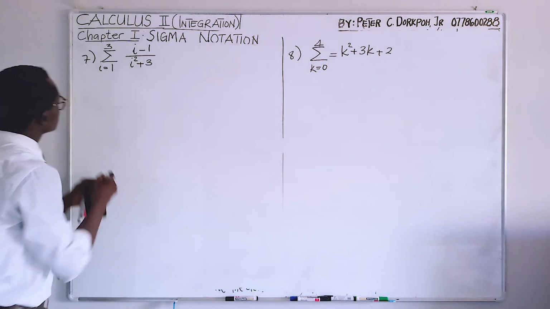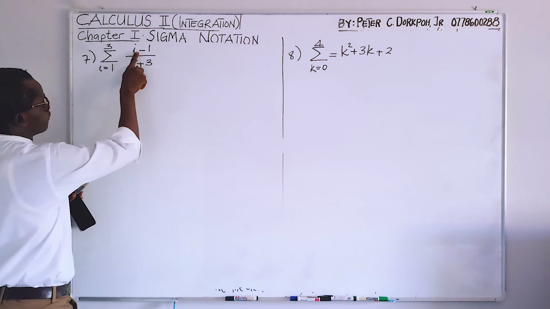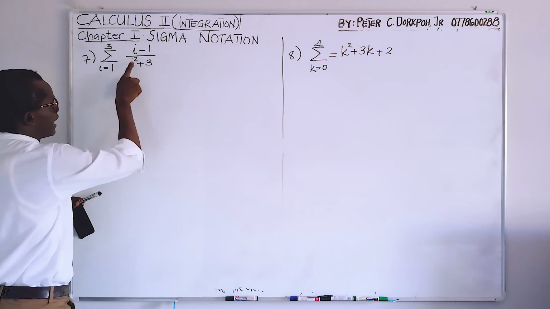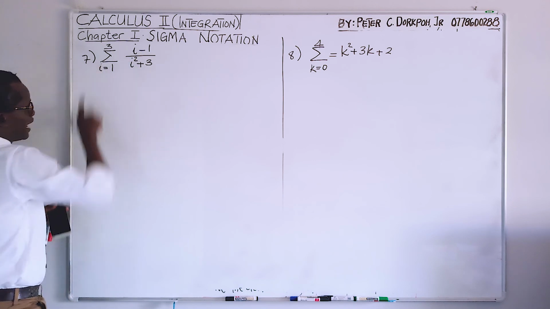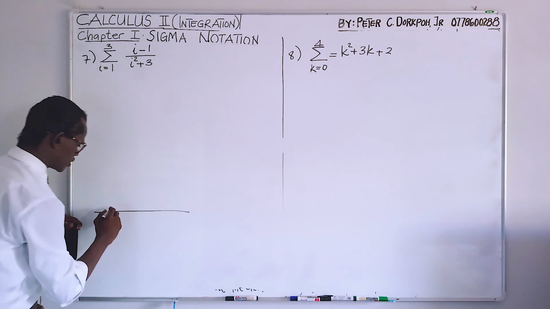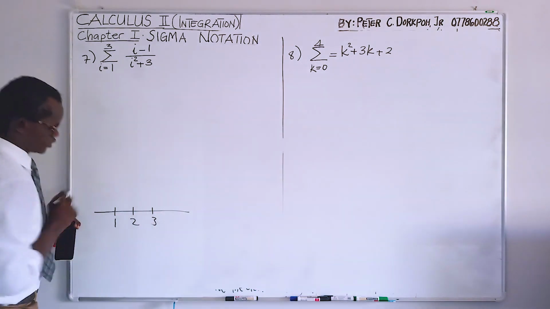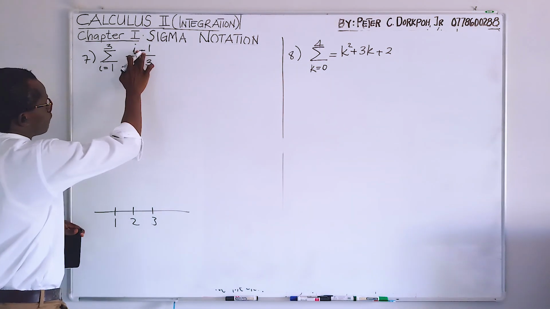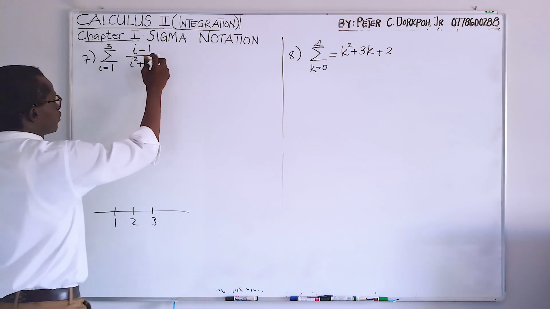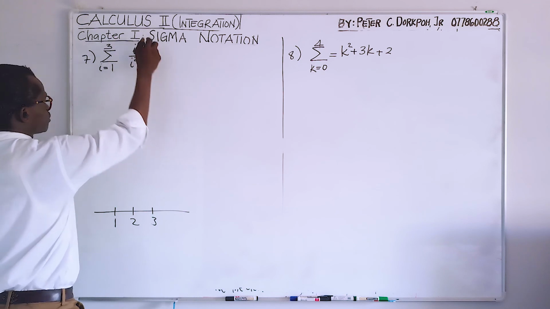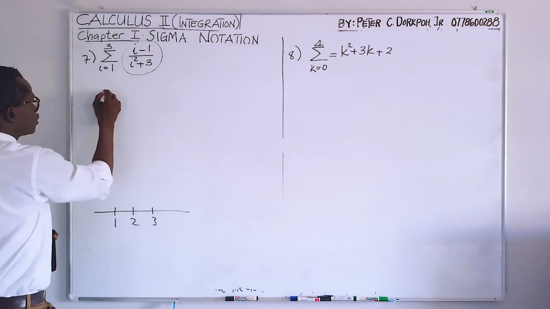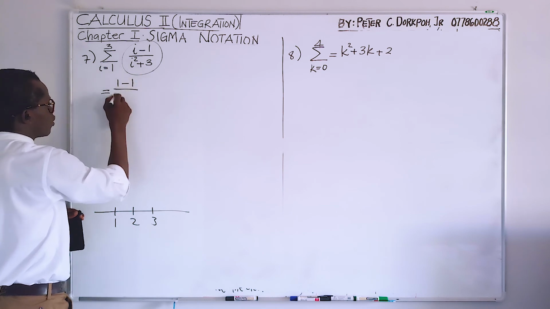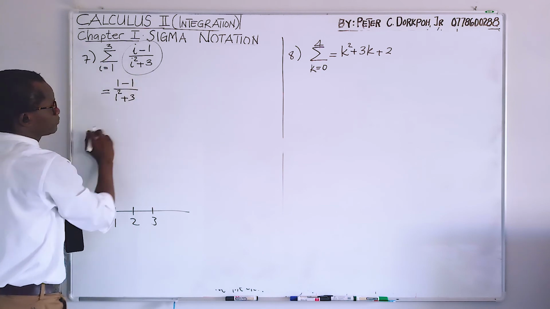Question 7 says the summation of r minus 1 divided by r squared plus 3, when r is listed now from 1 to 3, so it's 1, it's 2, it's 3. So we're going to use these three numbers to replace r in our summation. So now the first one, when r is 1, we have 1 minus 1 all over 1 squared plus 3, right?